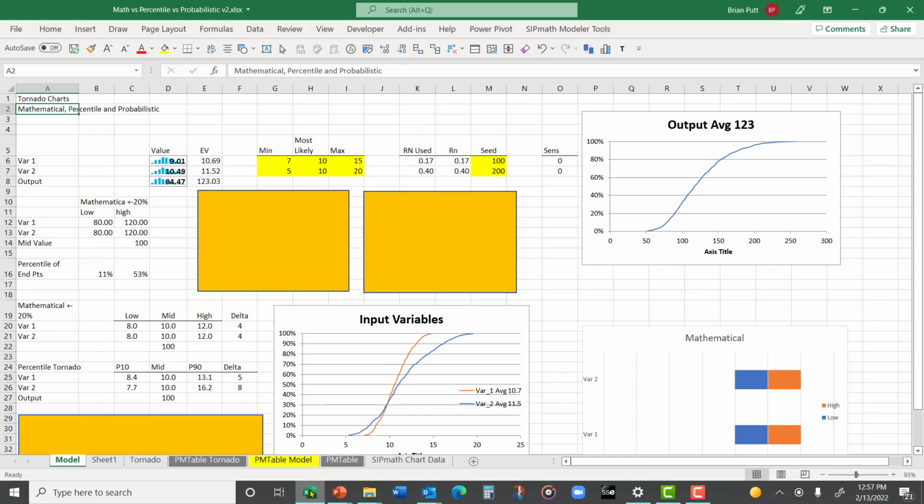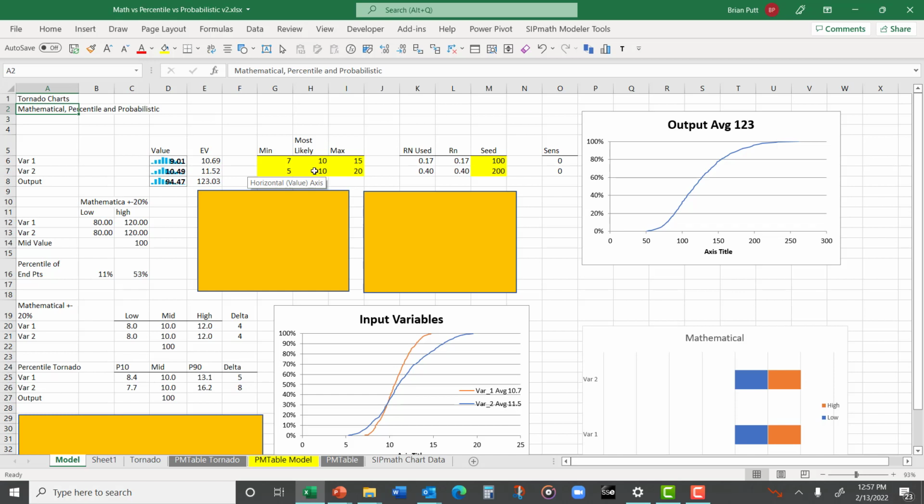Here's the model. There are two variables, Variables 1 and 2. The first variable has a range from 7 to 15 with a most likely of 10. And the second variable, minimum of 5, maximum of 20, and the most likely of 10.